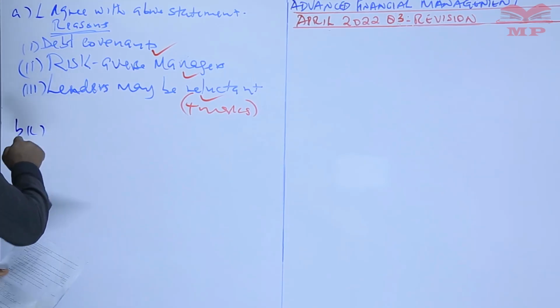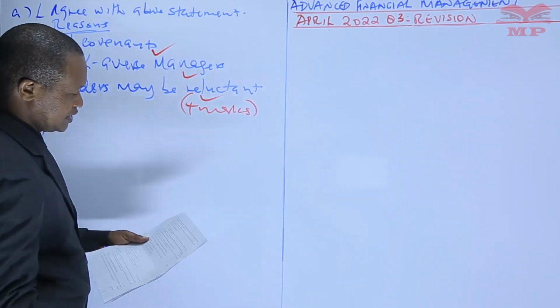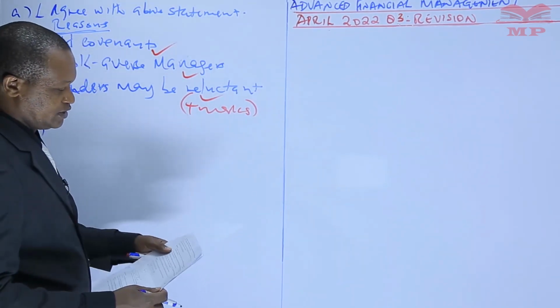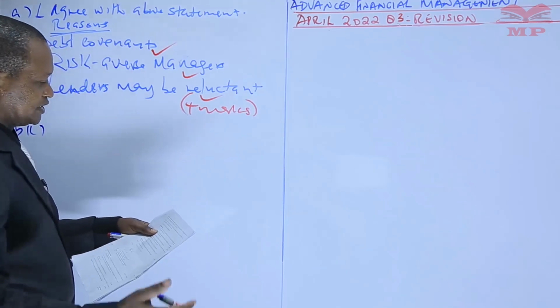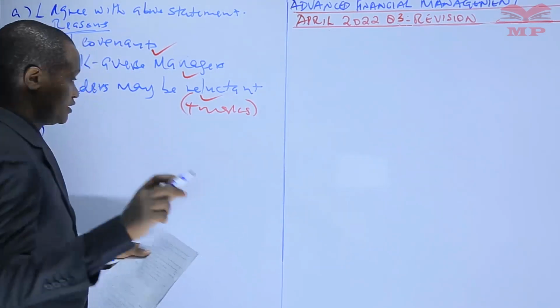Roman 1. We are to calculate the market value of this firm and the required rate of return, 2 things.